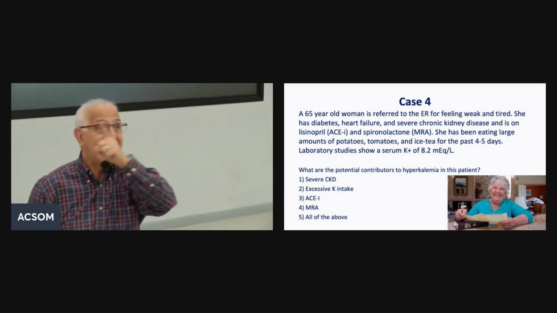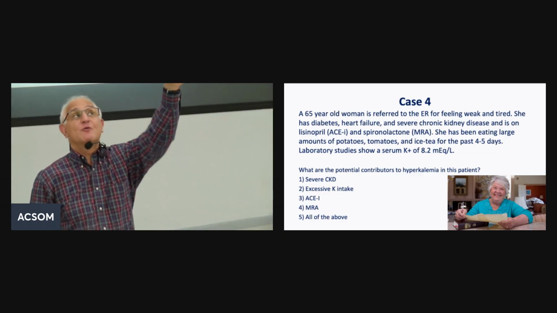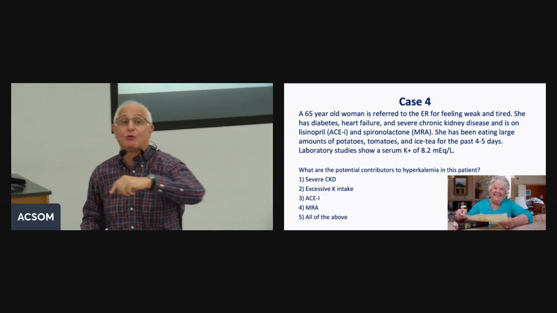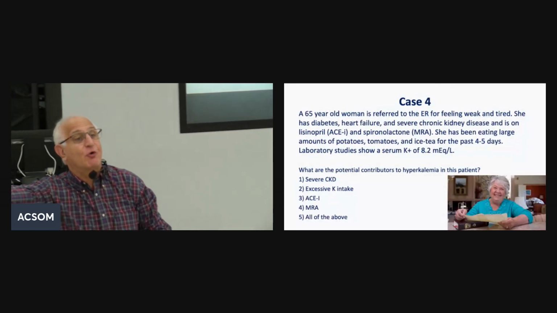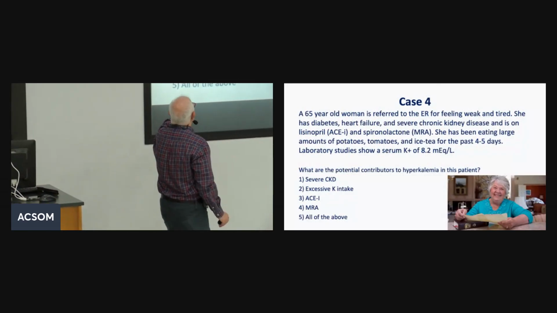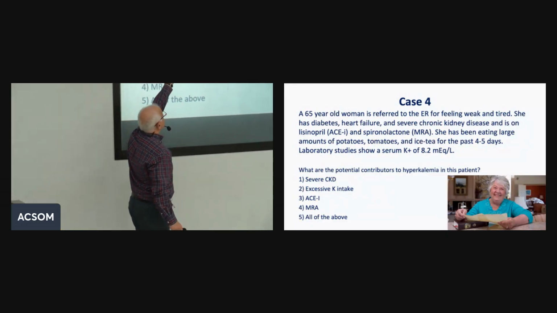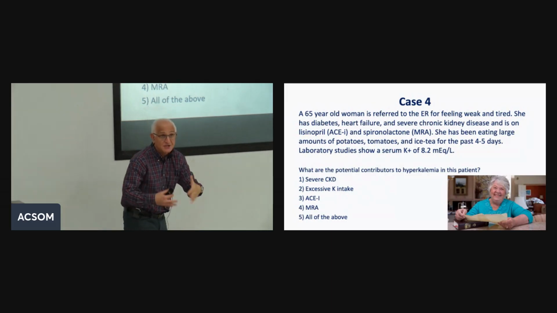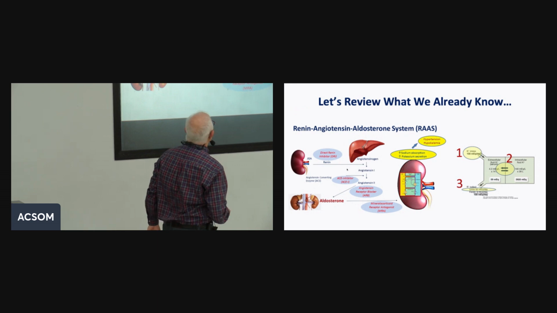Blocking the pathway of RAS will give you hyperkalemia, right? Any of those four groups of medicine that I told you, they block the pathway, will have a tendency for hyperkalemia. Here, ACE and MRA, both of them are here. Excessive potassium intake, tomato, all those. Severe chronic kidney disease, she cannot excrete the potassium. So all of the above makes sense to me.